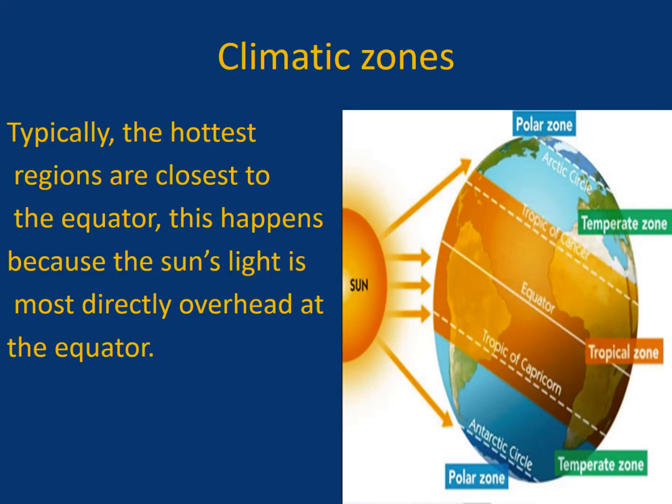Typically, the hottest regions are closest to the equator. This happens because the sun's light is most directly overhead at the equator. You can see over here in this diagram how the sunlight is falling on what part of the earth.